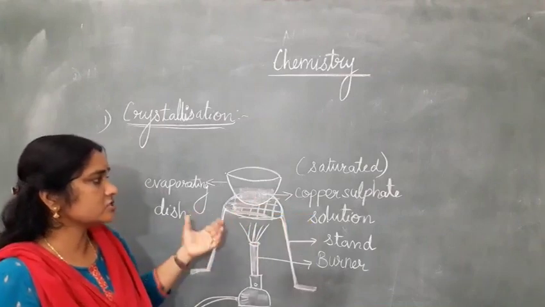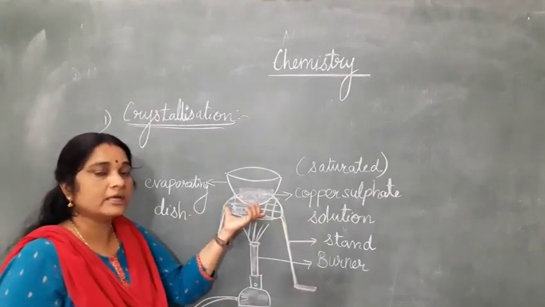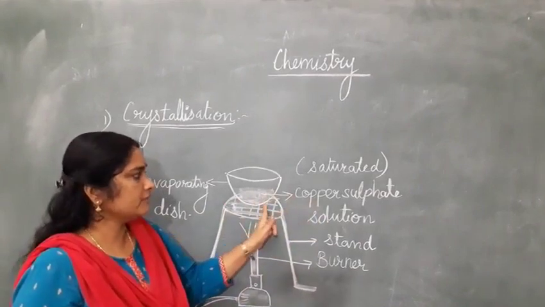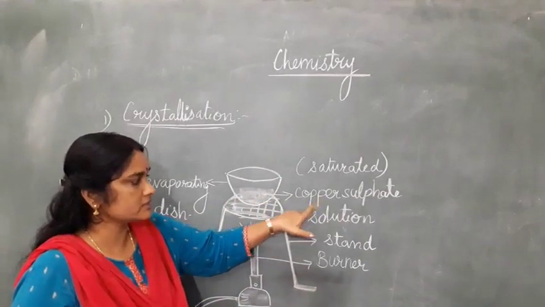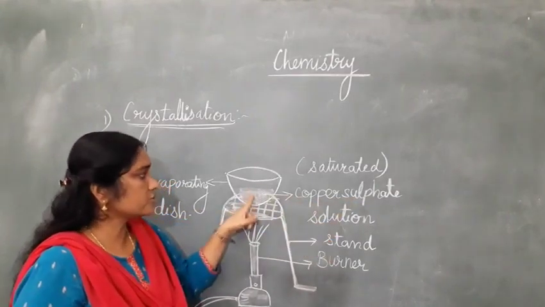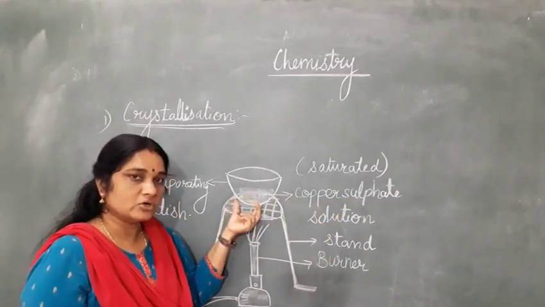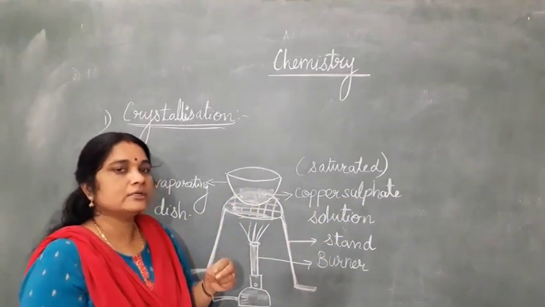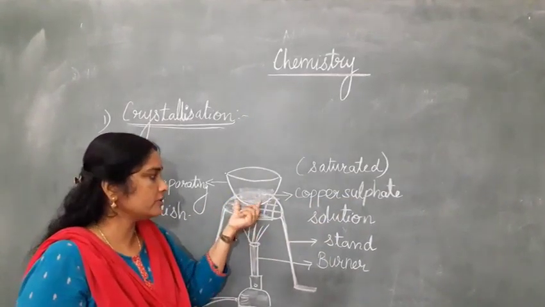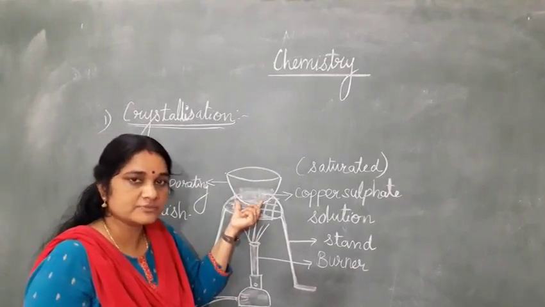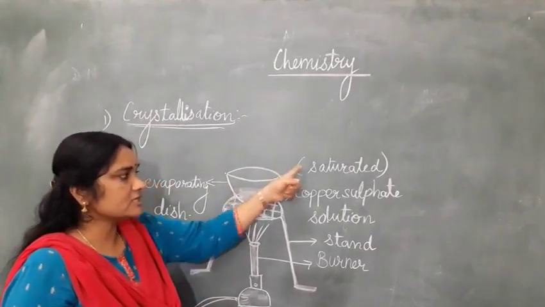In crystallization, the main principle is that you take a saturated solution of the salt, for example a saturated solution of copper sulfate. To make it, dissolve the salt in a very small amount of water and keep dissolving until you reach a point where no more of the substance dissolves.